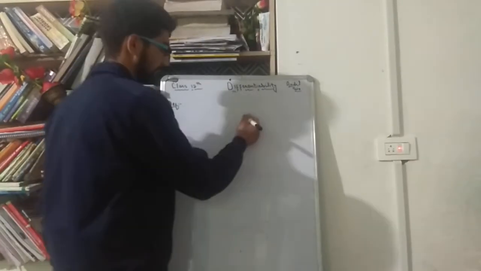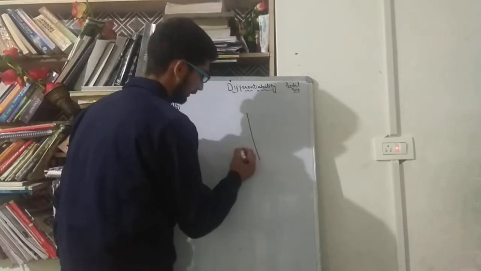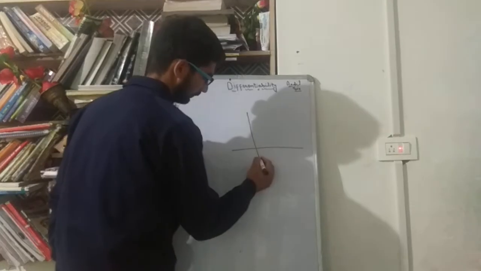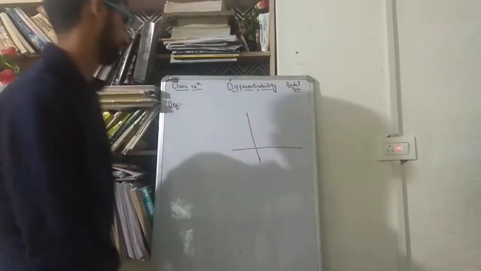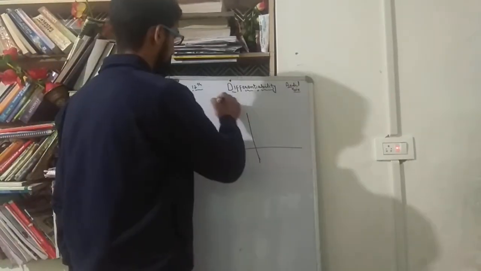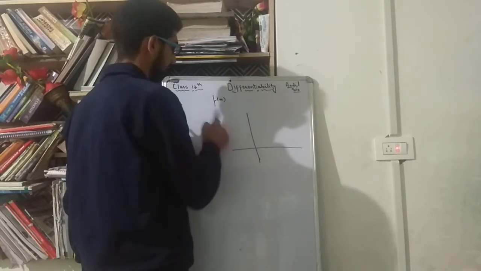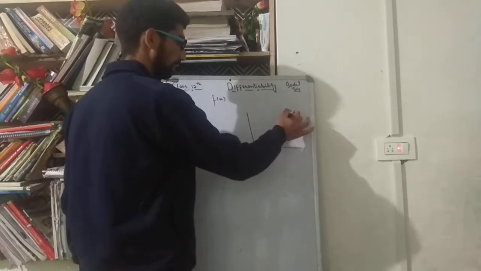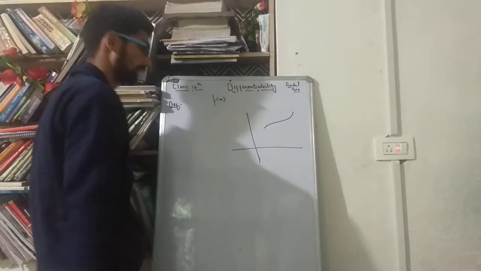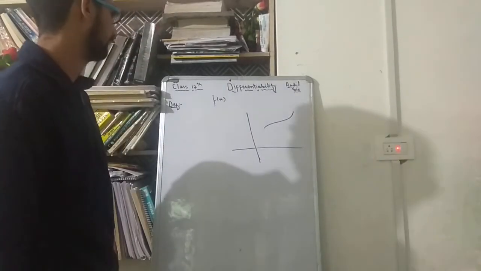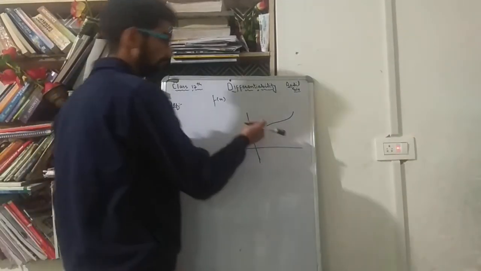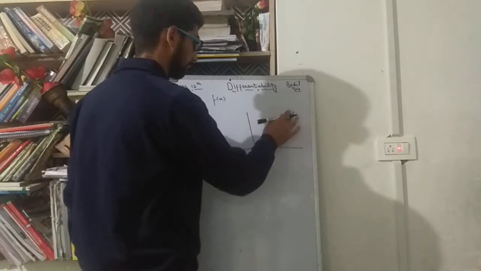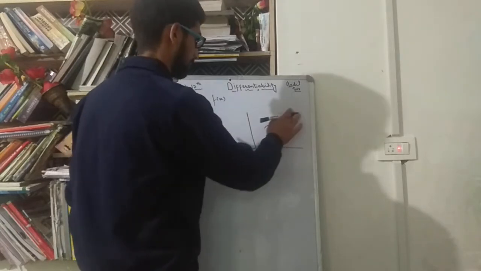If we have this y-axis and this is my x-axis, and I have a function f of x, which we know is a curve, like this.